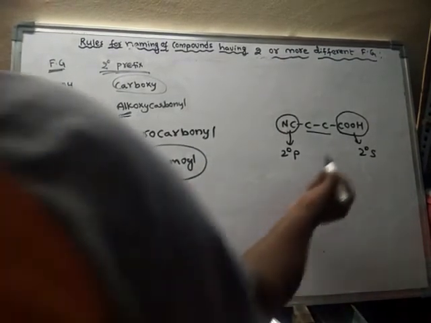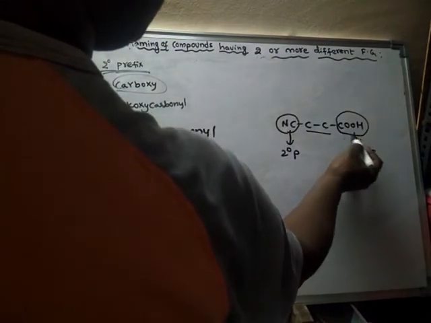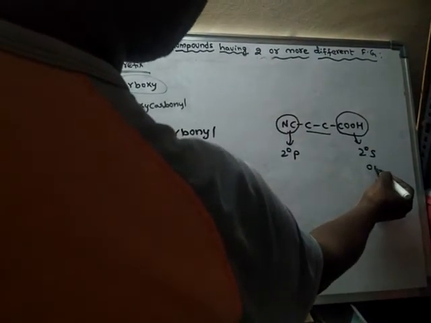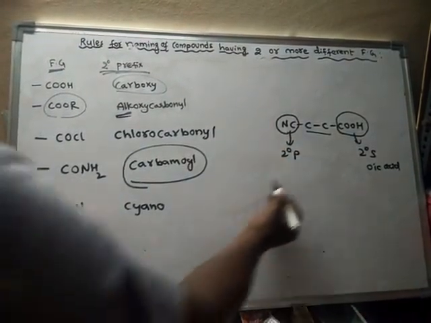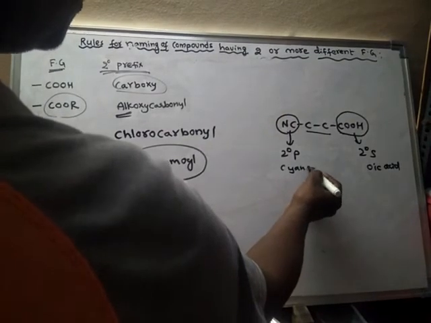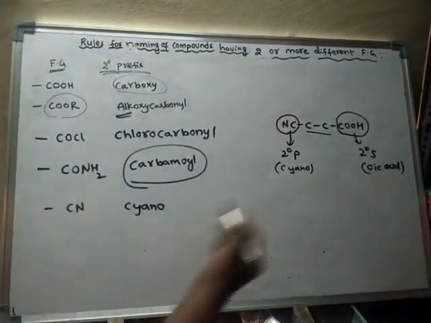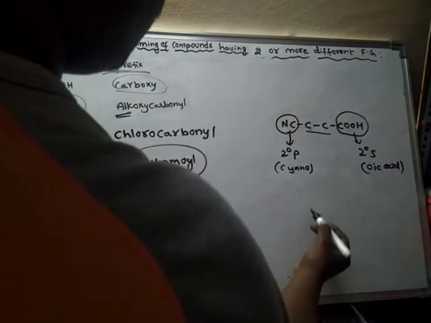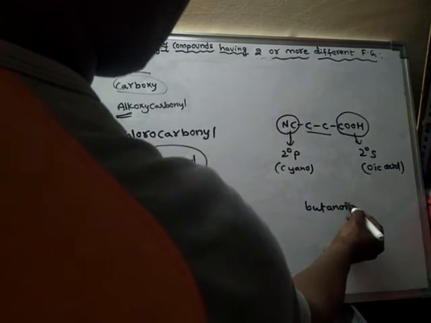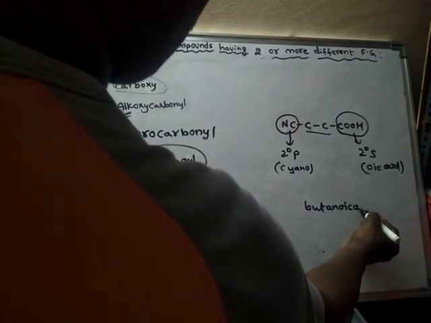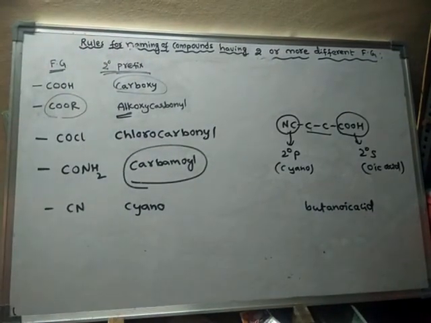The secondary suffix name of COOH is oic acid, and the secondary prefix name for cyanide, CN, is cyano. Now we will write the name of this compound. How many carbons are there altogether? 4. Hence butanoic acid. Okay, right.